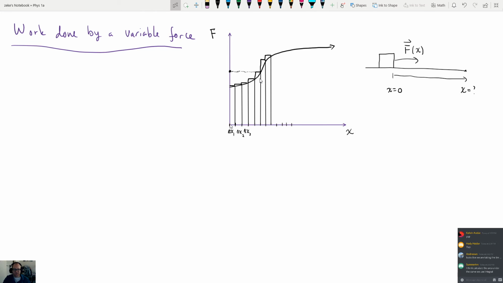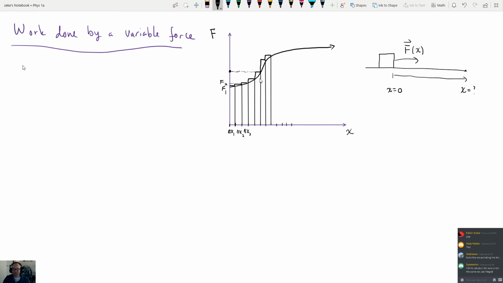That's going to be the displacement between this point and this point right here. And then I'll call the forces the same. So the force associated with delta x1 right here, we're going to call f sub 1. The force associated with the second displacement, we'll call f sub 2, and so on and so forth. So basically, the force in the first rectangle is f1, second one's f2, f3, f4, f5, etc.